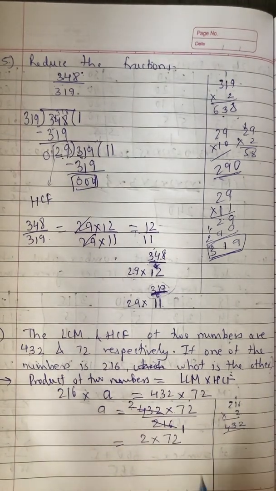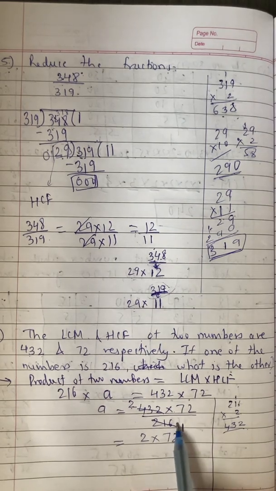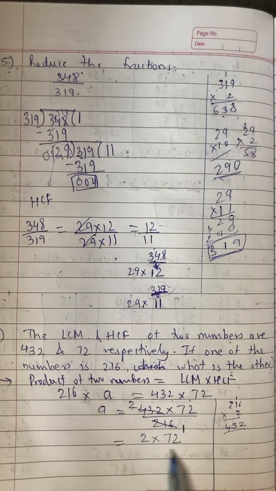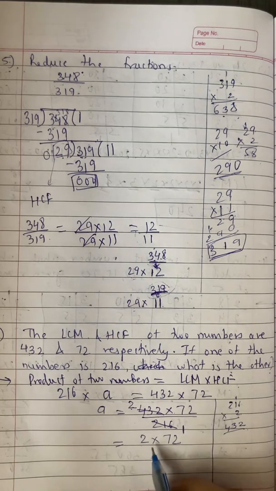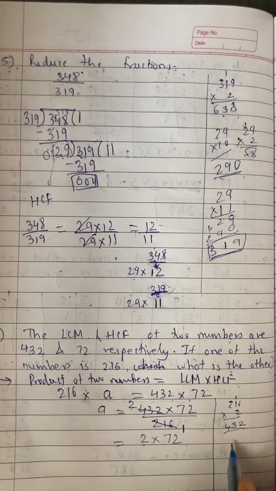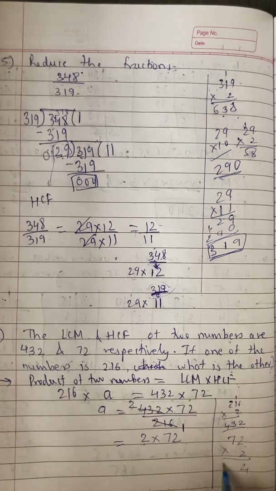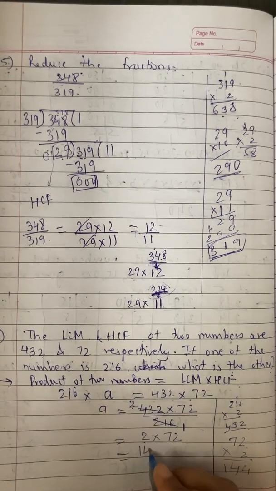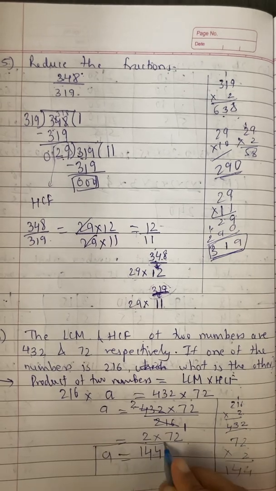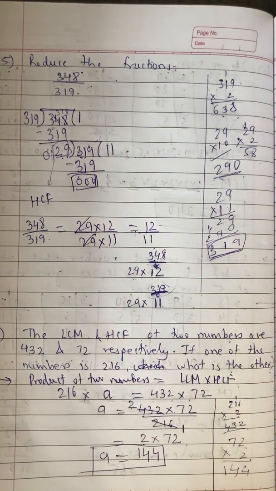If you write upon 1 it is fine, if you don't write it is also fine, because upon 1 is considered and we can neglect it. So now multiply 2 into 72. 2 2s are 4, 7 2s are 14. So the answer is 144. So the other number is 144.